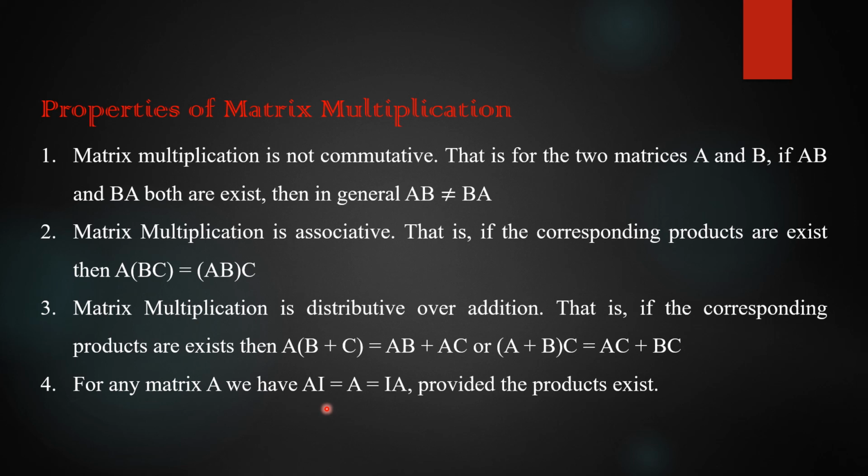So the zero matrix acts as 0 in the number system, with respect to addition, and the identity matrix acts like 1 in the number system with multiplication. Is that clear? So AI is equal to A is equal to IA, and in the case of the zero matrix, A plus 0 is equal to A is equal to 0 plus A. So these are the properties of matrix multiplication.